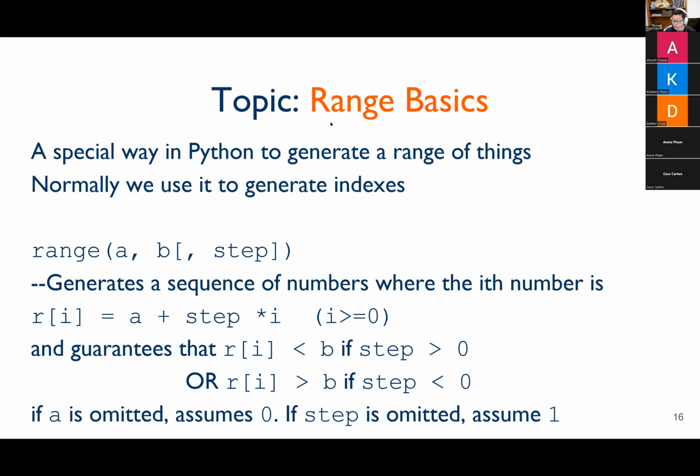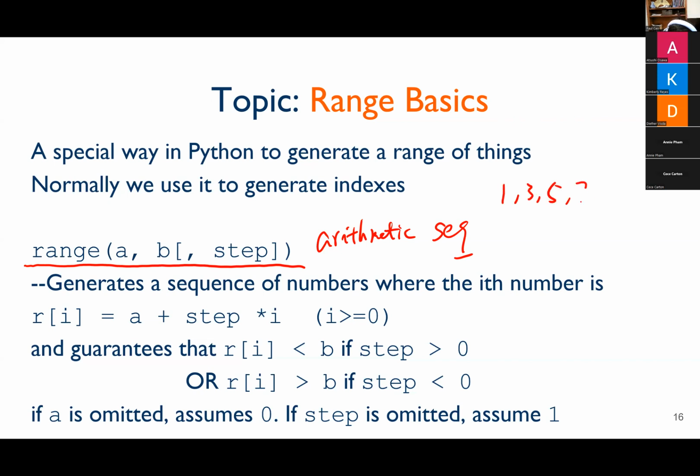In order to use the other version of the for loop, you must understand this important construct in Python called range. This is a function that generates an arithmetic sequence. Arithmetic sequences are numbers where the difference between the next term and the previous term is always the same, for example 1, 3, 5, 7, 9, and so on, or 0, 1, 2, 3, 4.